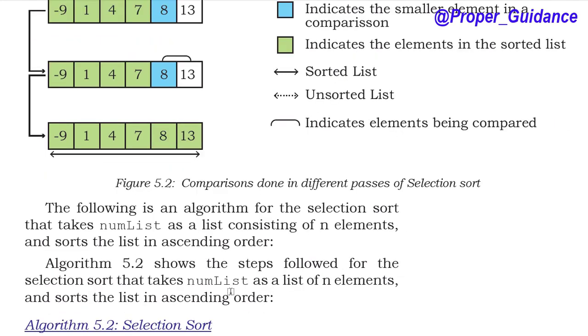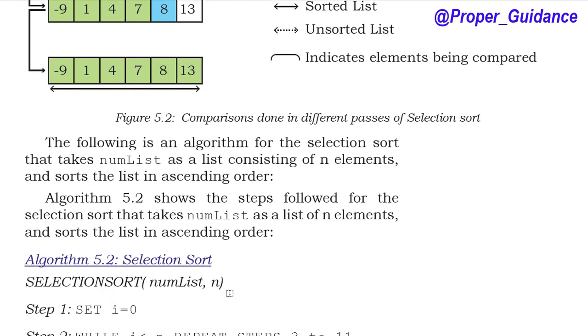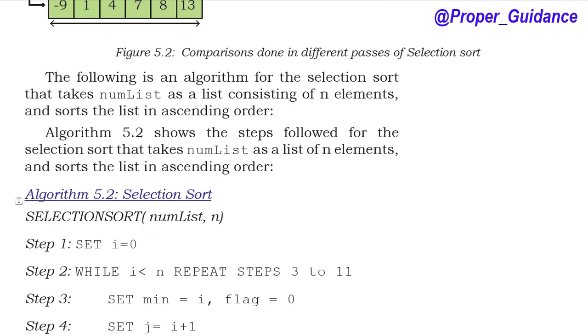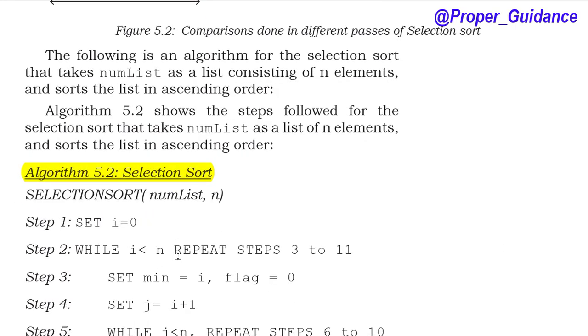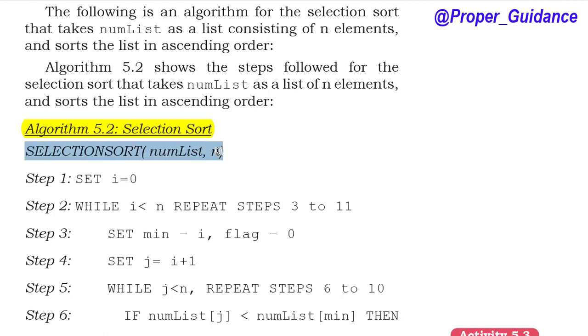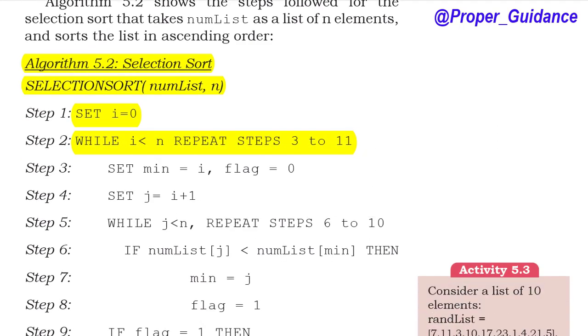You people please go through it. The following is an algorithm for selection sort that takes num list as a list consisting of n elements and sorts the list in ascending order. Algorithm selection sort, num list, n. Step 1: set i equals 0. While i is less than n, repeat steps 3 to 11. Set min equals i and flag equals 0.